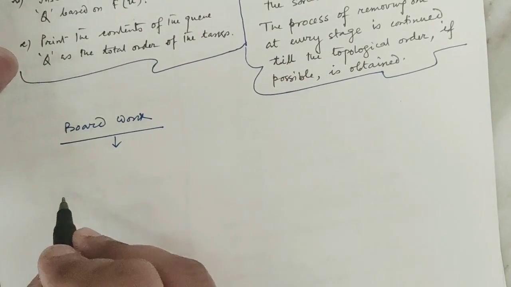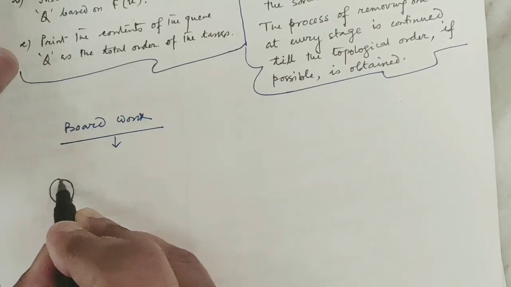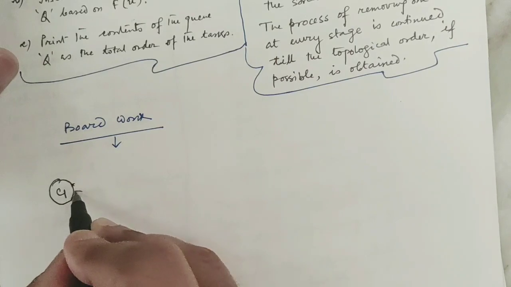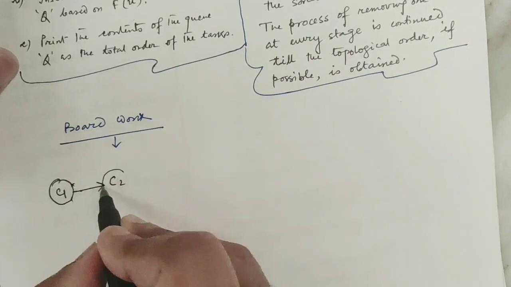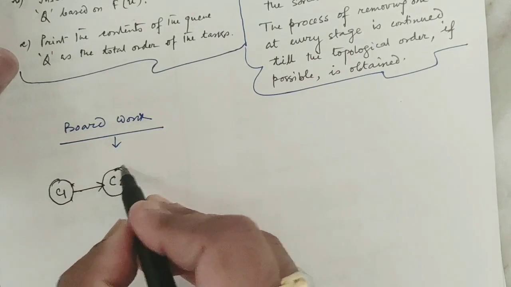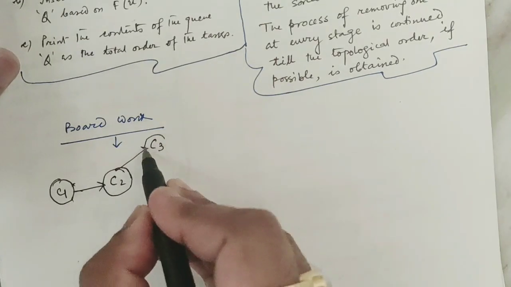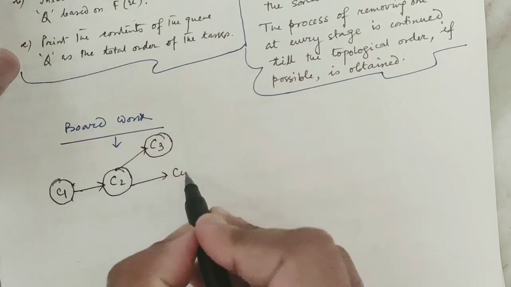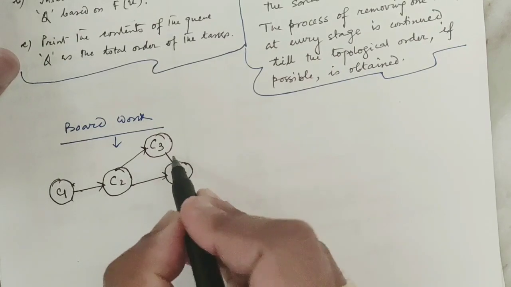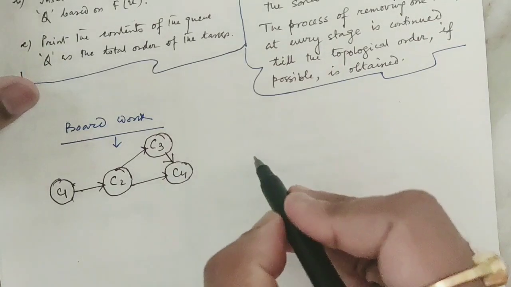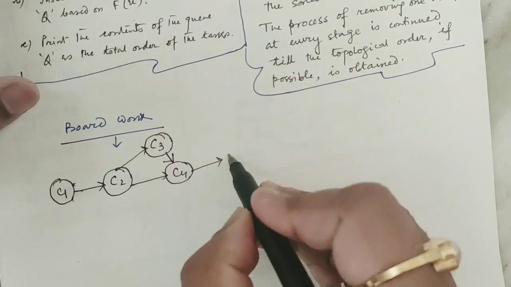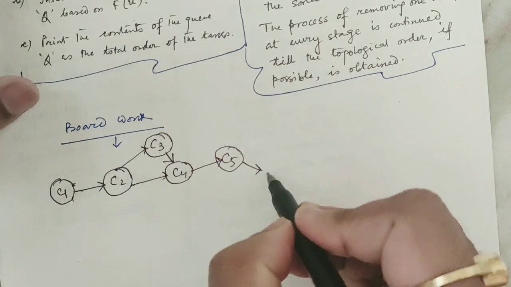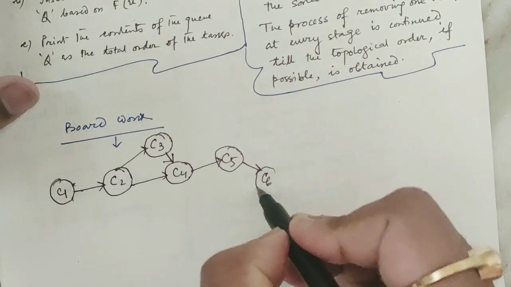Suppose I have a graph, first vertex C1, and there is an edge from C1 to C2, an edge from C2 to C3, an edge from C2 to C4, an edge from C3 to C4, an edge from C4 to C5, and an edge from C5 to C6.